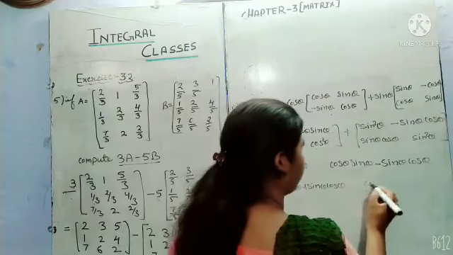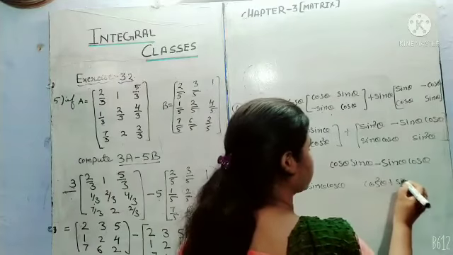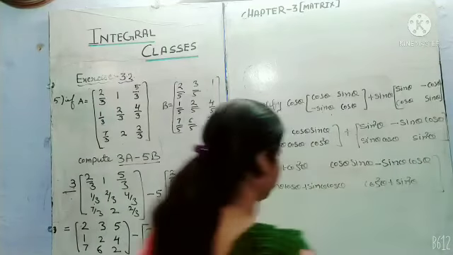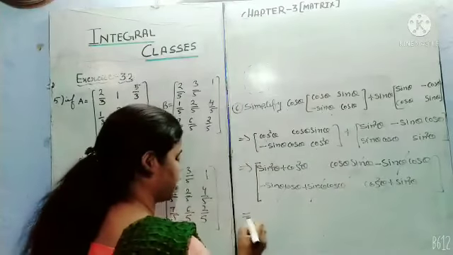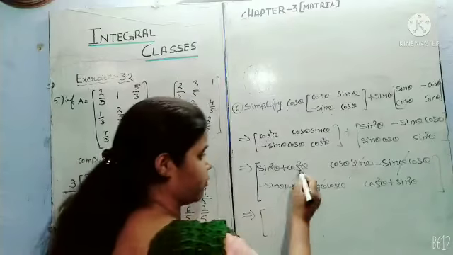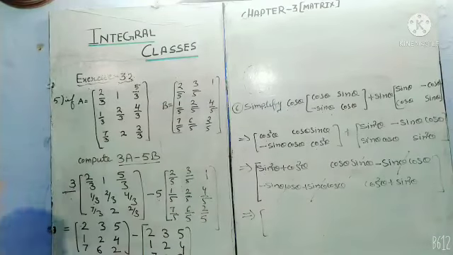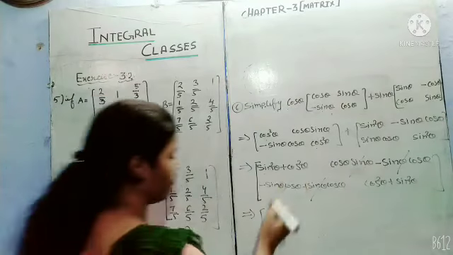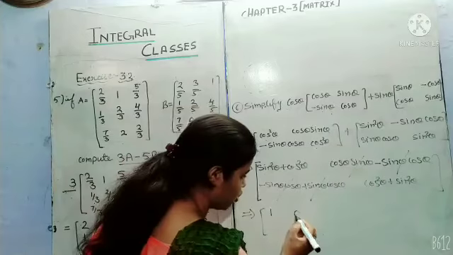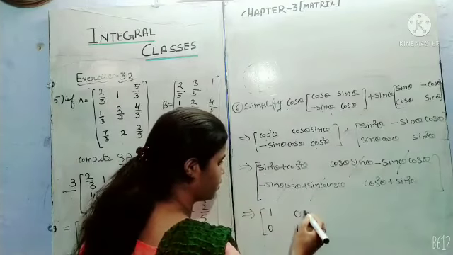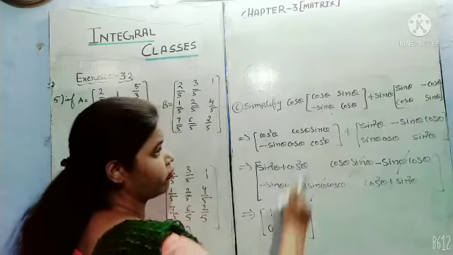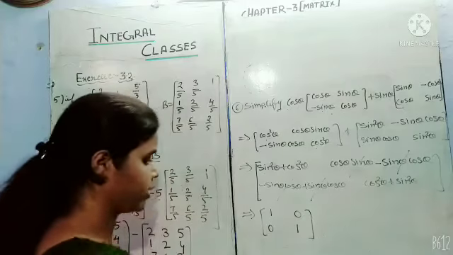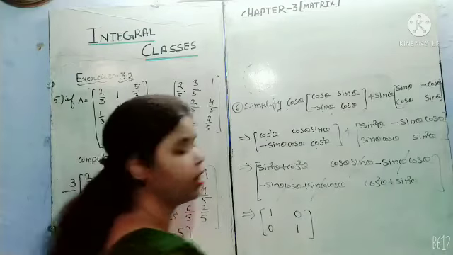Again cos square theta plus sin square theta. As we observe, these terms cancel. Now we know the value of this: yes, it is equal to 1. So we write 1 here. This becomes 0, this becomes 0, and this becomes 1. So this is the resultant of this question, and we get the identity matrix.